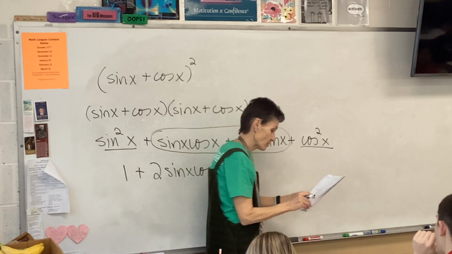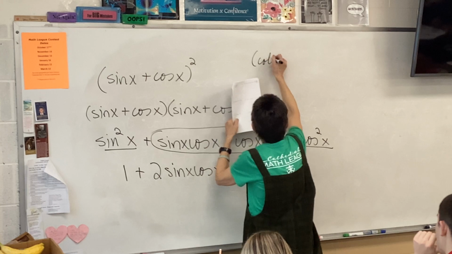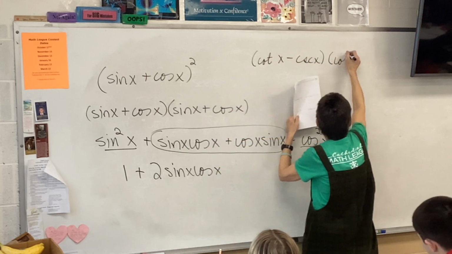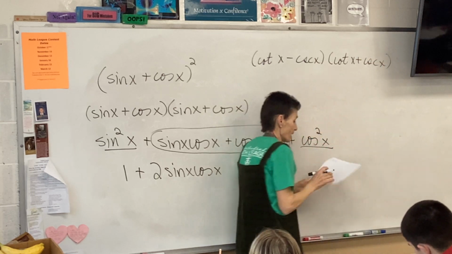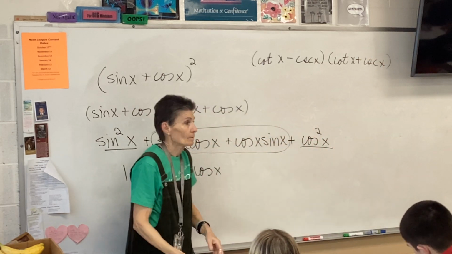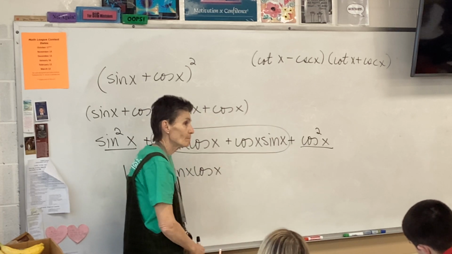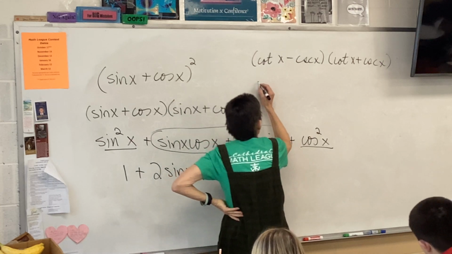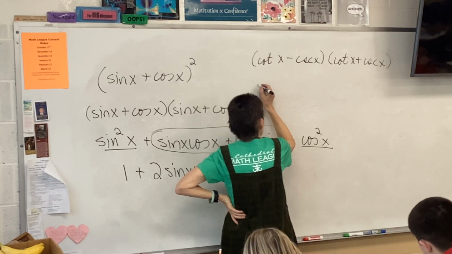All right, last one of those on this paper. Okay, what do you want to do with this guy? Foil? What's on your paper? Foil? Not bad. So here we go. What do we get when we foil? First things first.